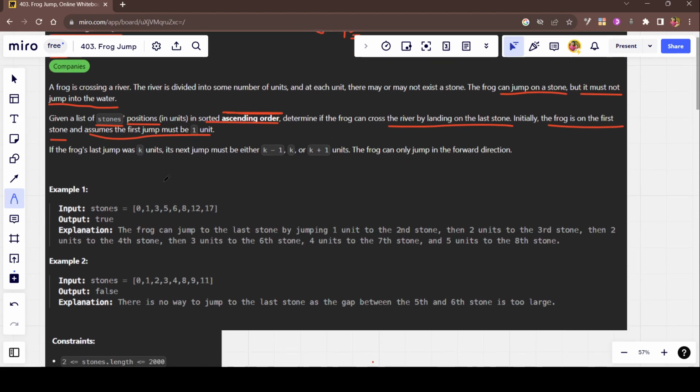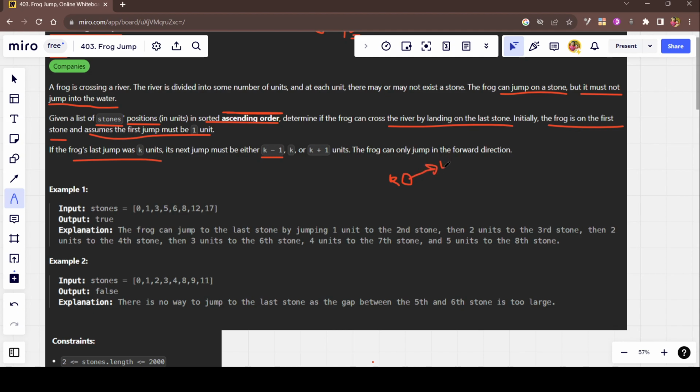Okay. Now, if the frog's last jump was k units, its next jump must be either k minus 1, k, or k plus 1 units. So if previously the frog jumped k units, now it is on a stone after this jump. Now it has three possibilities.